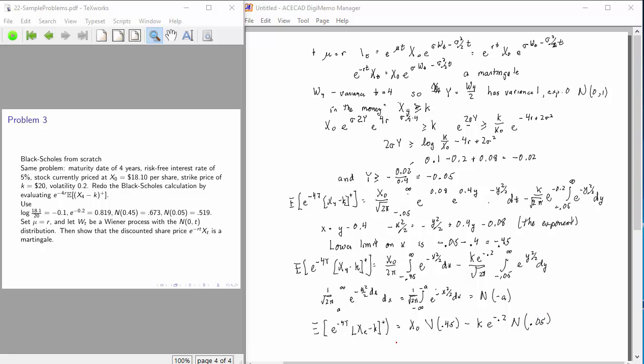And I've conveniently provided all the numbers. Initial price 18.1. This value of N, which I looked up. Strike price of K. This exponential multiplied by 0.519.